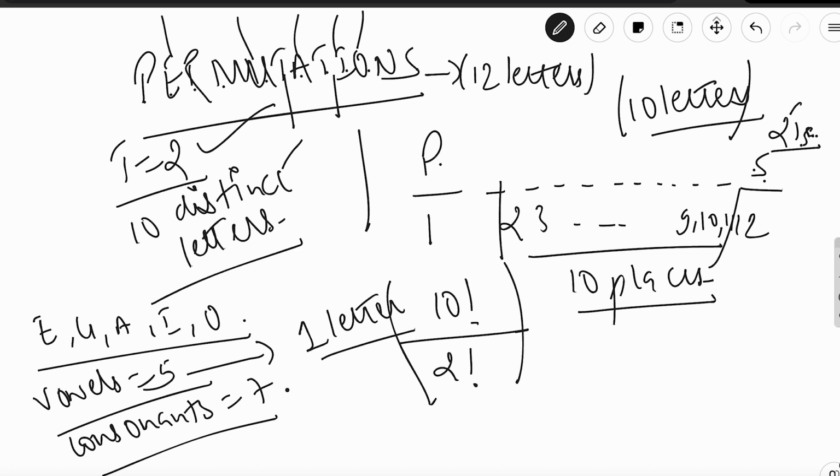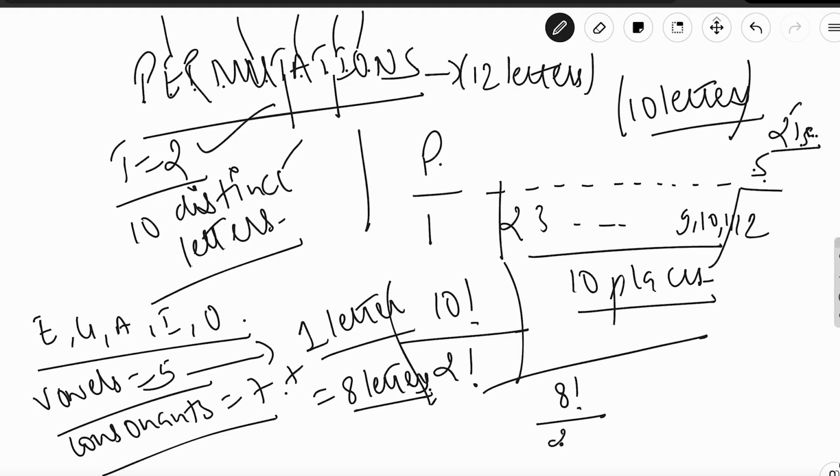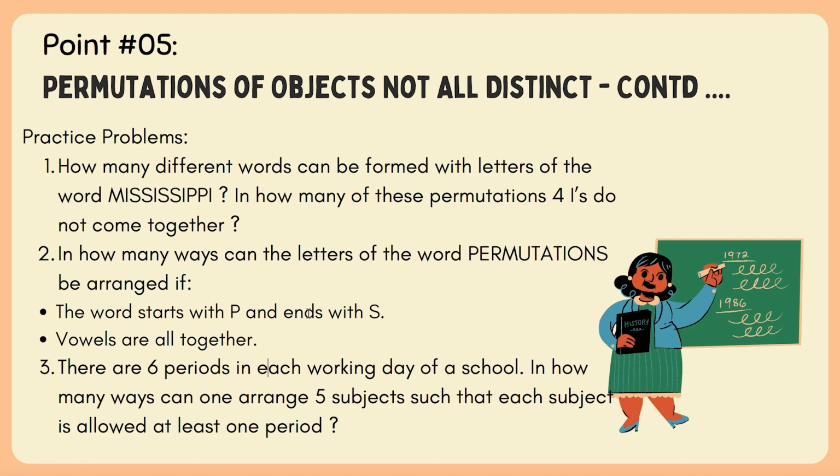So now we have a total of 7 plus 1, which is 8 letters. The total number of ways will be 8 factorial divided by 2 factorial. And these 5 vowels, since all of them are unique, can be arranged amongst themselves in 5 factorial ways. So 8 factorial divided by 2 factorial into 5 factorial will be the total number of arrangements when the vowels are together.